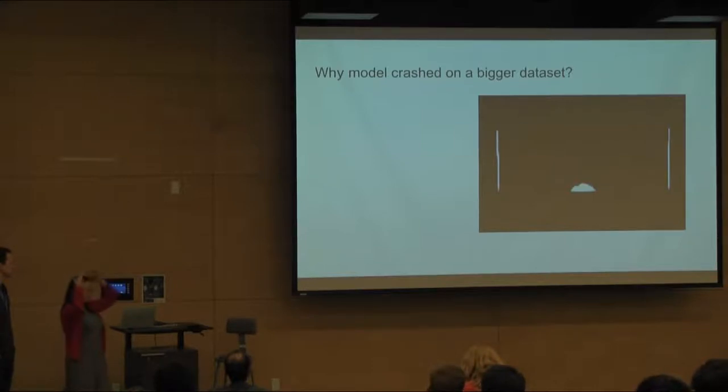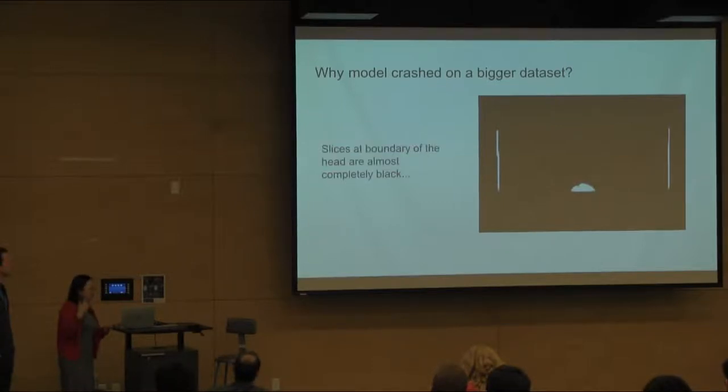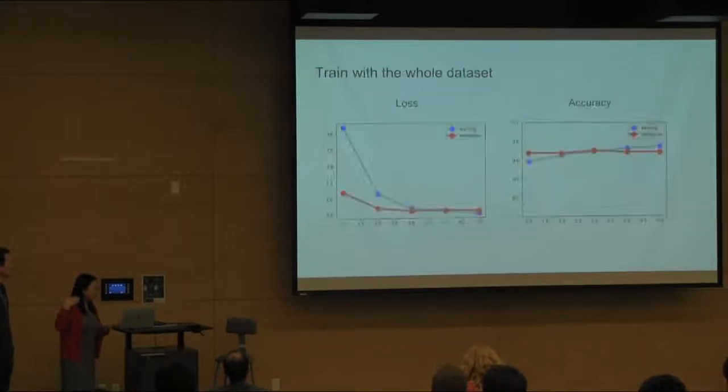For example, this is one at the top edge of the brain where only a few voxels are white. It's almost completely black, so it may confuse the model. So what we did is we only used some middle slices of the brain instead of the whole brain slices.